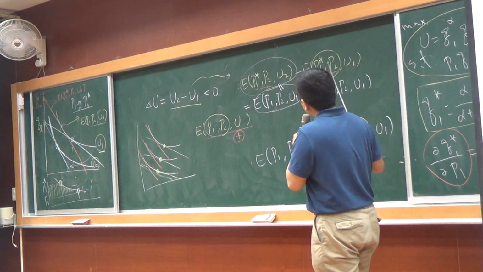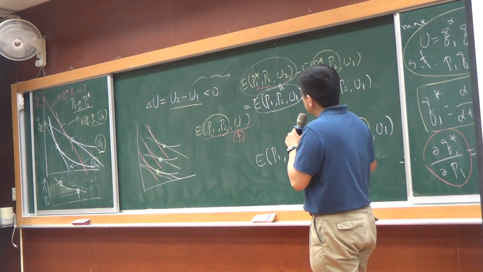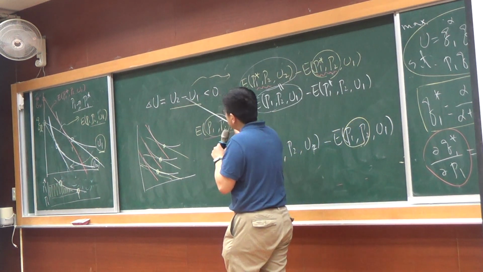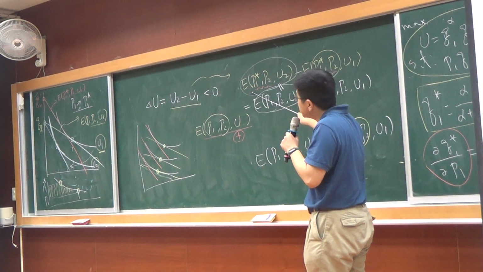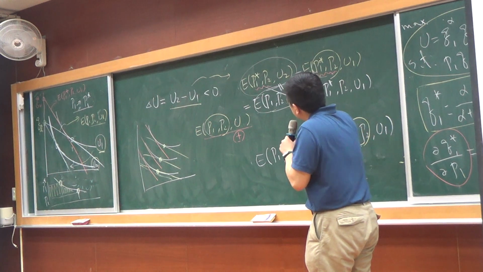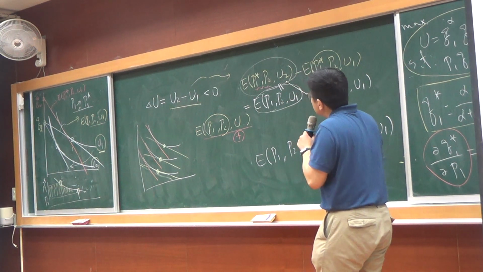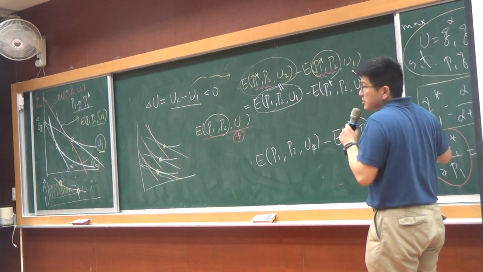So they must be consistent. So when we want to measure the difference between U2 and U1, we utilize expenditure under this price circumstance to measure U2 minus under this to measure U1.